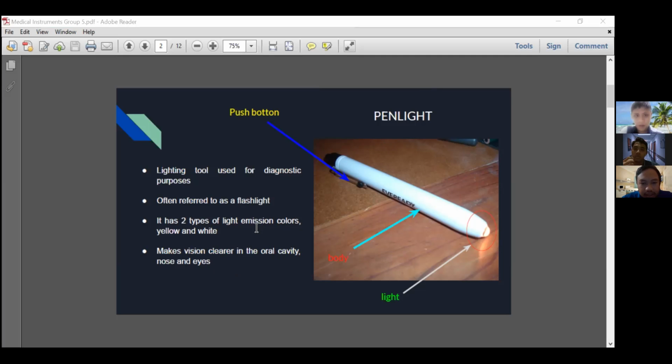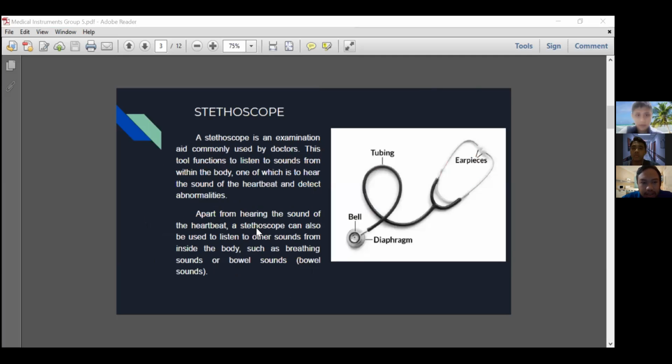And next is the stethoscope. A stethoscope is an examination aid commonly used by doctors.